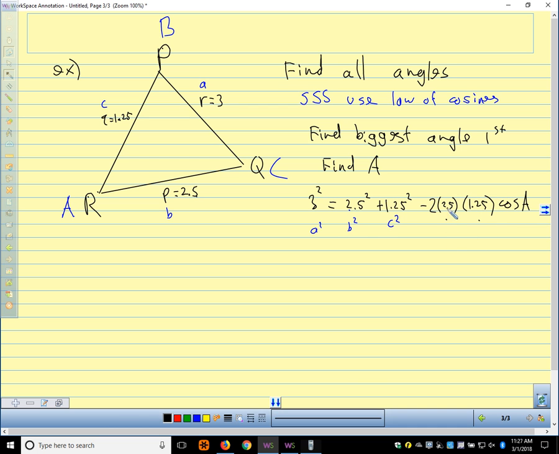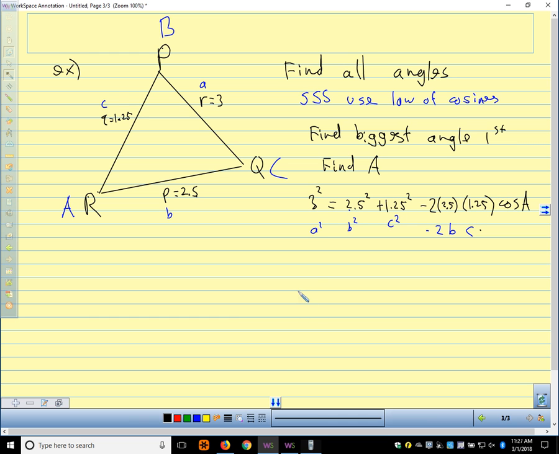And here, we're going to solve this equation for cosine A. So we're going to end up with cosine A equals something, and I can continue this as minus 2BC. This kind of problem takes a little more work. So let's calculate. 3 squared is 9.